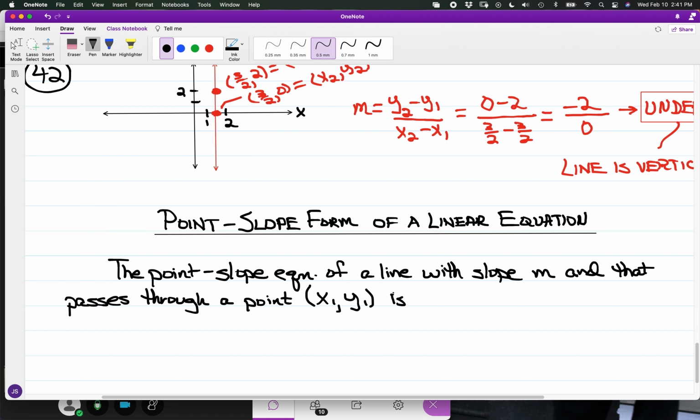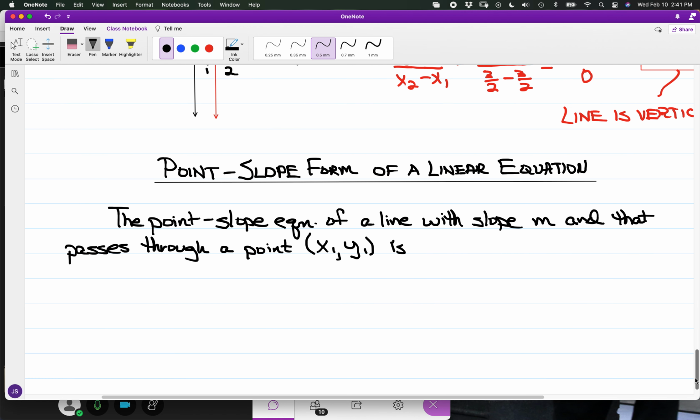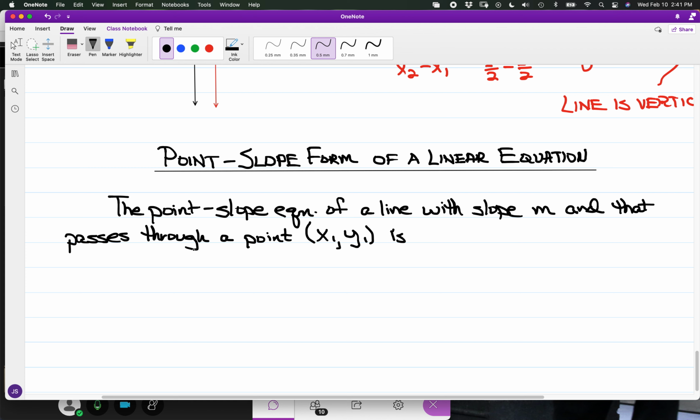It's going to be, and in the setup, now we normally say x before we do y, but in this case we're going to have the y expression out at the front. So we have y minus y1 is equal to the slope m, times the quantity of x minus x1. Okay, so that's going to be the point slope equation.